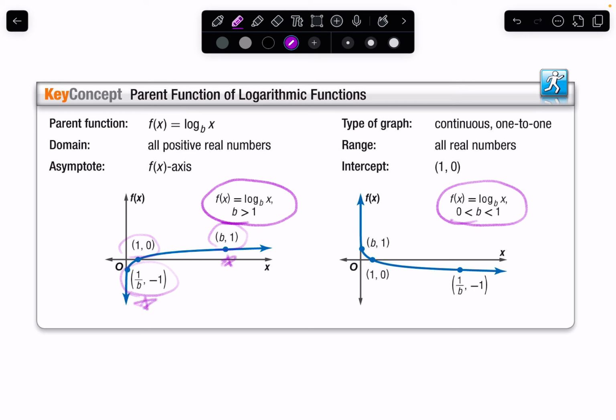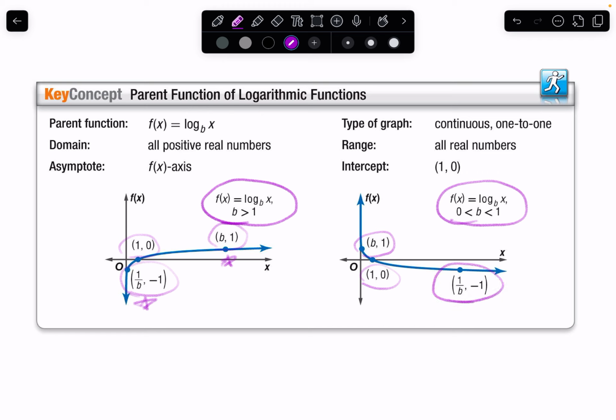Then if your subscript is between 0 and 1, so if it's greater than 0 but less than 1, this is how your graph would look as far as the shape, and these are the points that you would be using.